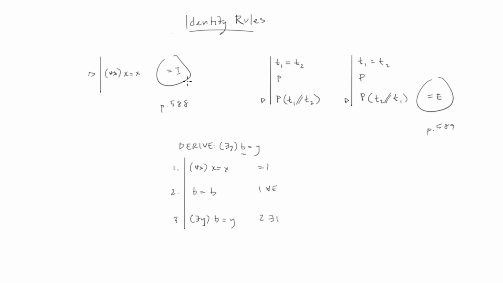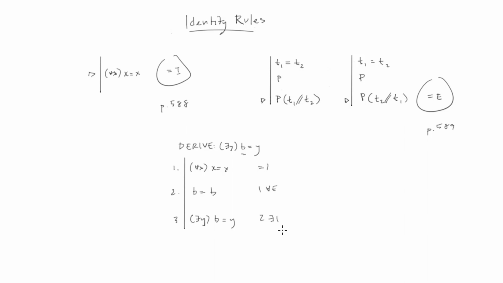What identity introduction allows us to do is just start a proof of a theorem right there on line 1 along the main scope line by appeal to identity introduction. And in fact, identity introduction is most useful in proving theorems. It turns out to not be a terrifically useful rule, but there are some theorems that it can be very useful in proving.